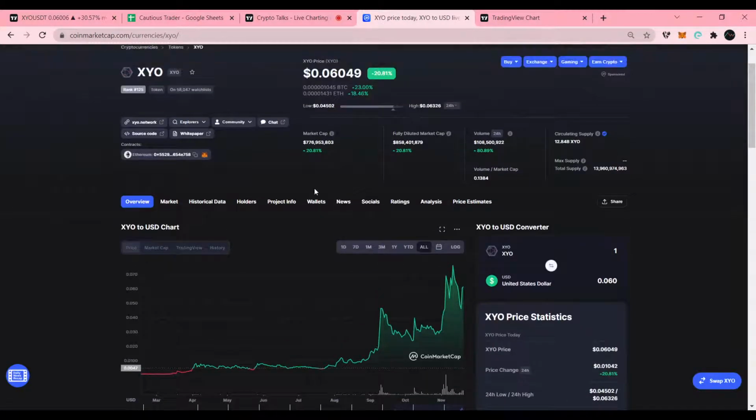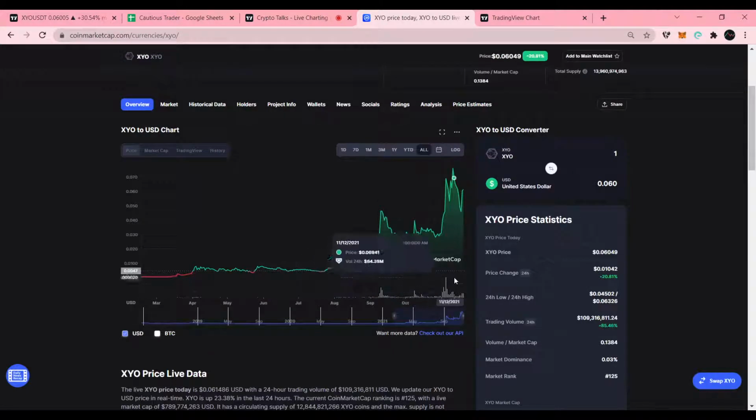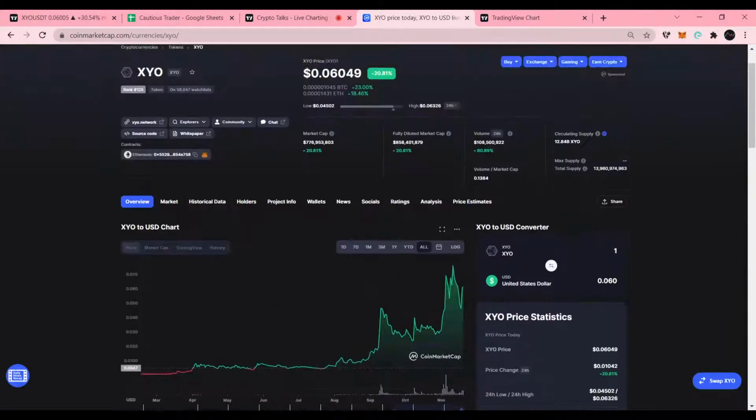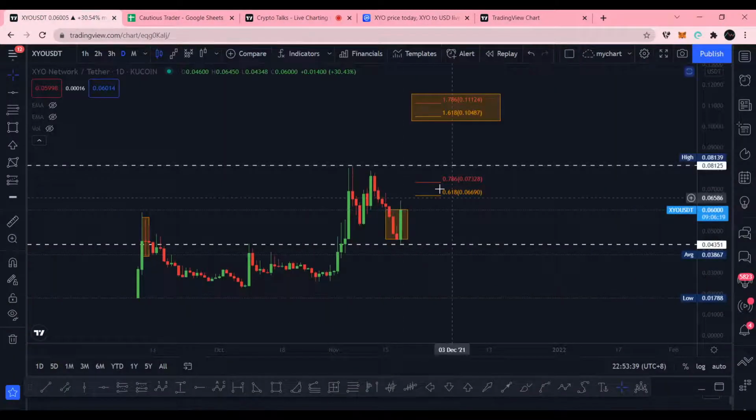So I'm going to need to read the white paper first. But I'm seeing a lot have been accumulated at this area before the pump. So if it's good, then I might possibly add this in my portfolio. So eto lang muna for now.